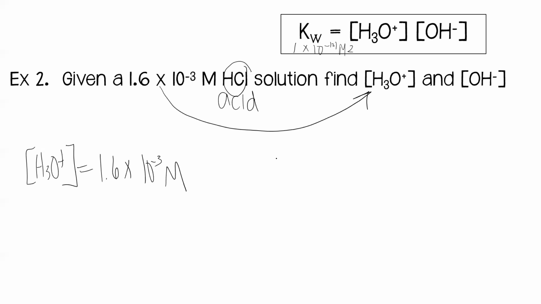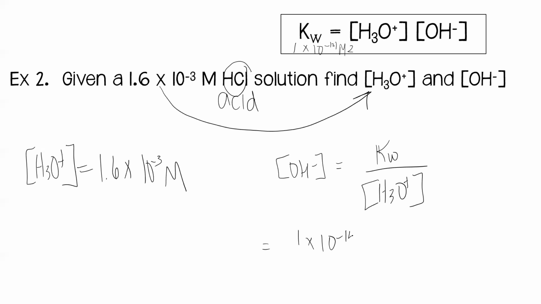So once again, to find our hydroxide ion, we take Kw and divide by the hydronium ion. So 1 times 10 to the negative 14th divided by 1.6 times 10 to the negative 3.